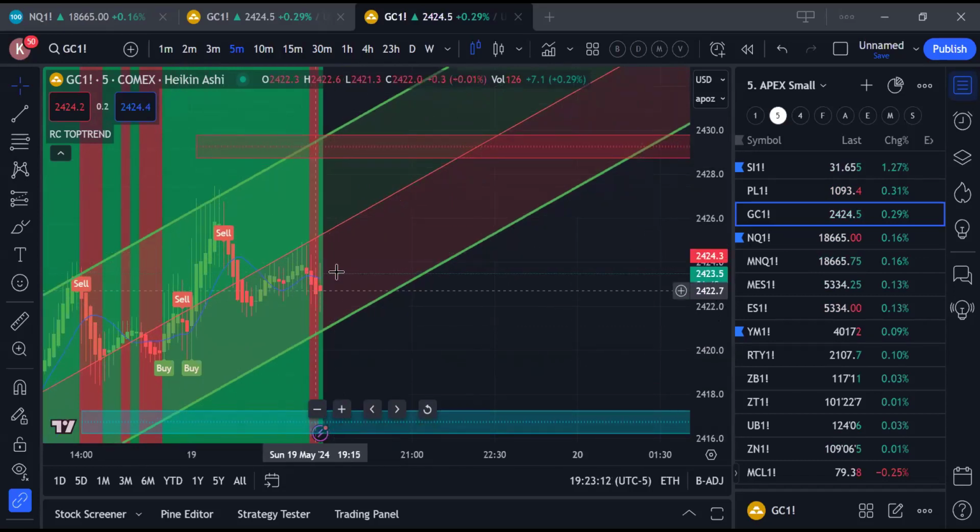Once we get a buy on gold, it may go all the way to 24.28 or 24.29.